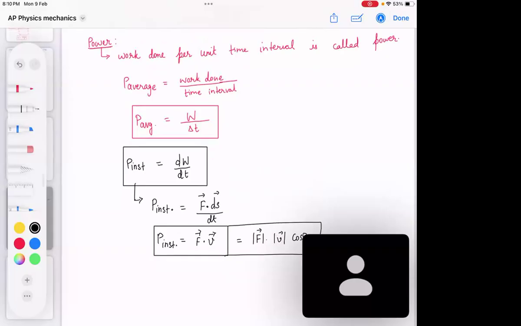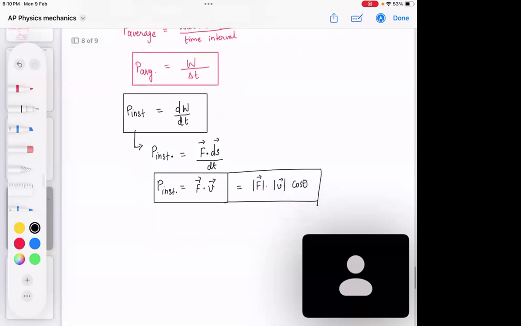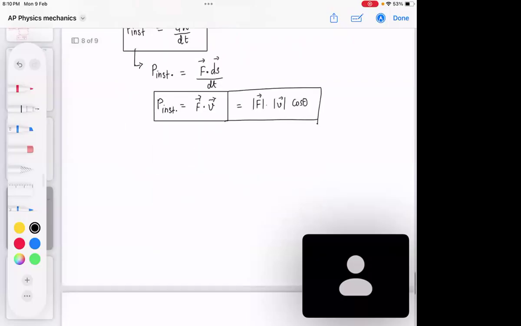Instantaneous power we can write in two ways. One is the work done by time taken, or a small amount of work done by time taken. And the second is the dot product of force and velocity. Okay, so let's discuss some examples on this power calculation. What will be the unit of power?